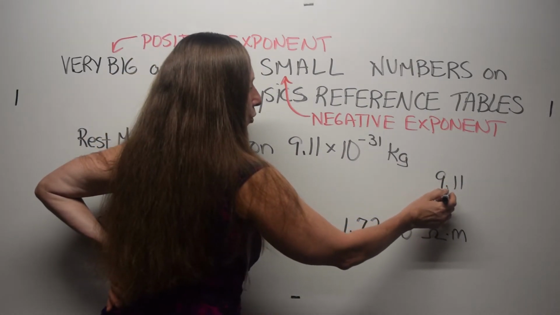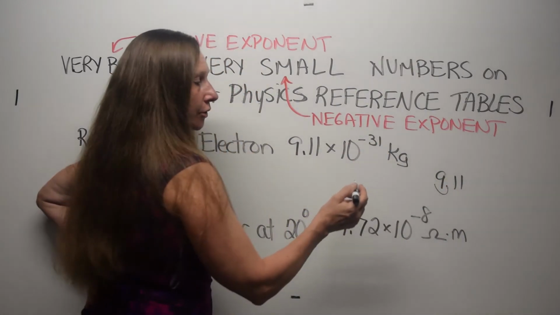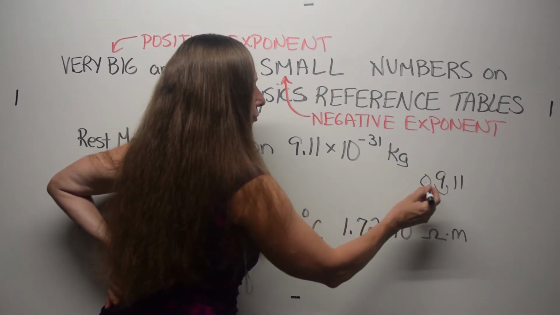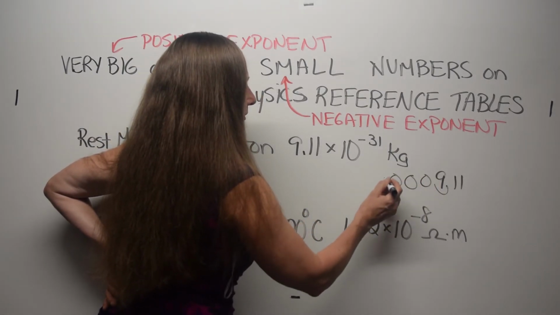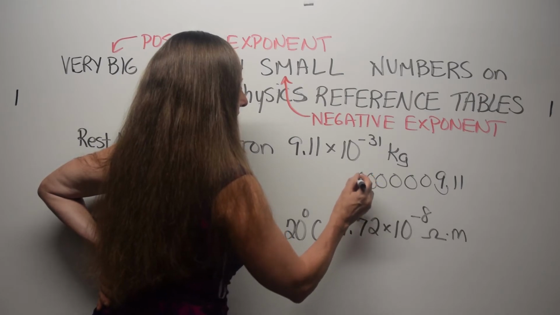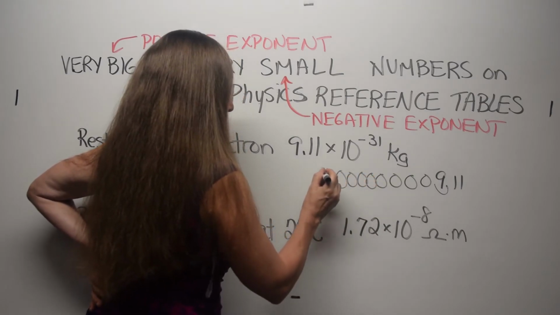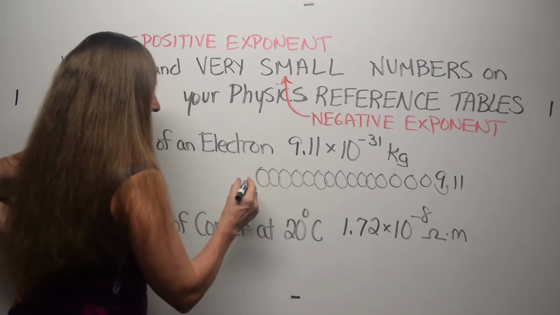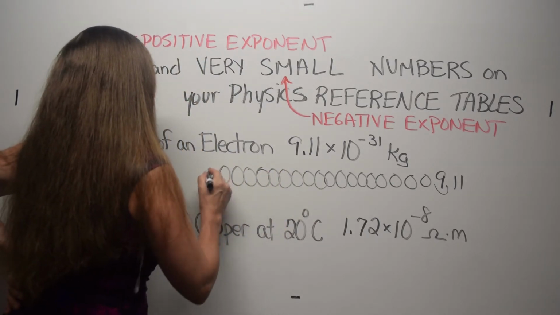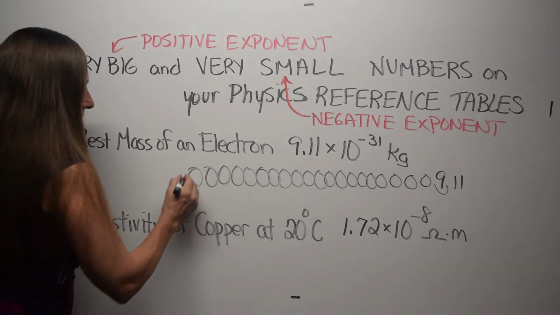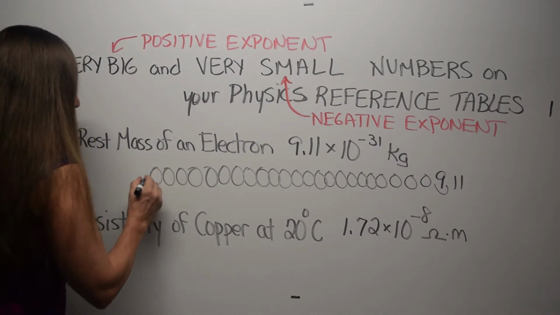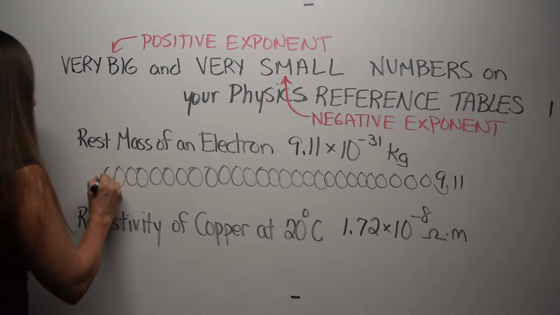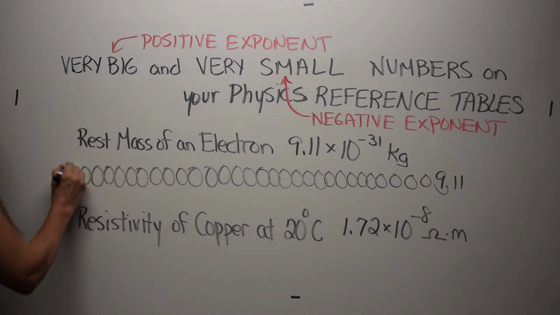So we've got to go up to 31: 1 jump, 2 jumps, 3 jumps, and so on up to 31.